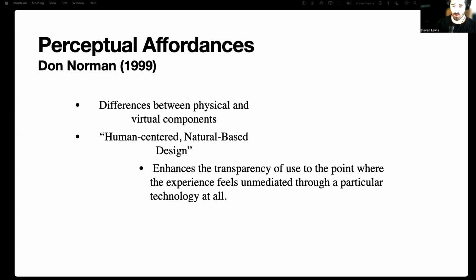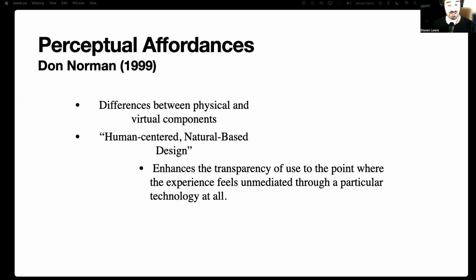The definition of affordances was made in the context of how mammals perceive the physical environment around them. However, designer Don Norman coined the phrase perceptual affordances to refer to the options unique to virtual screen-based environments.